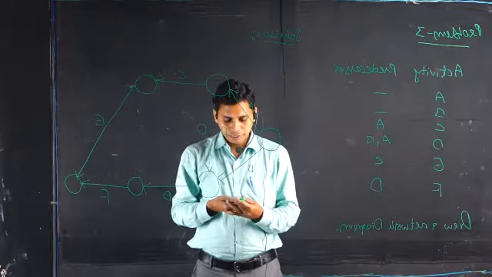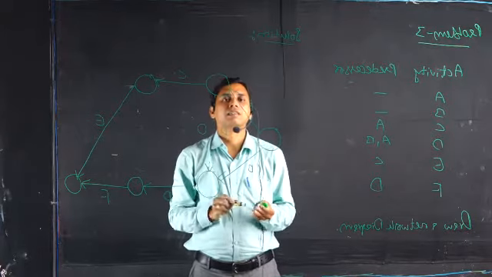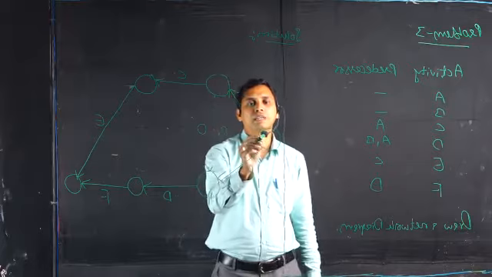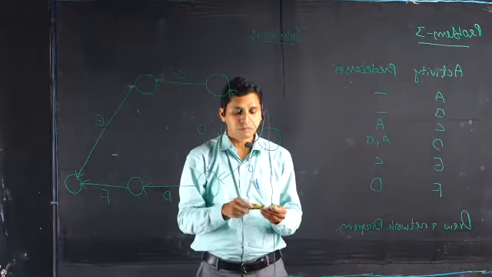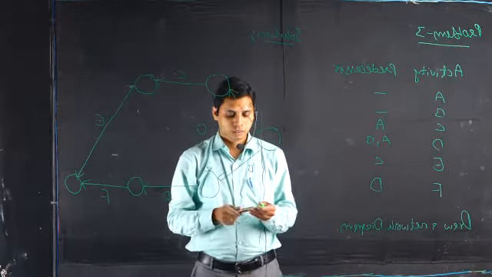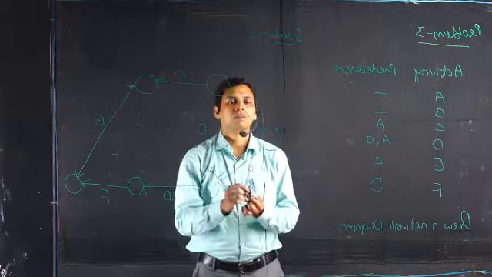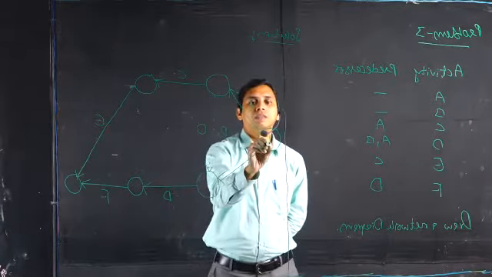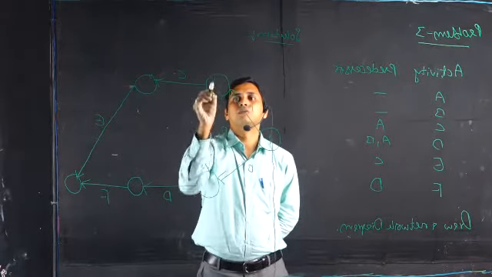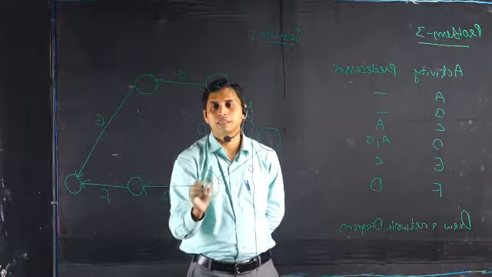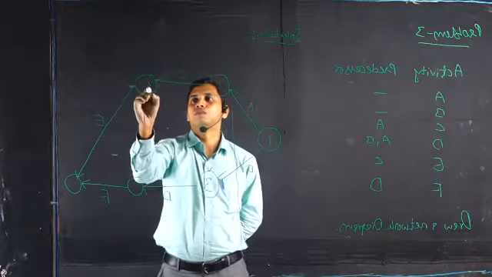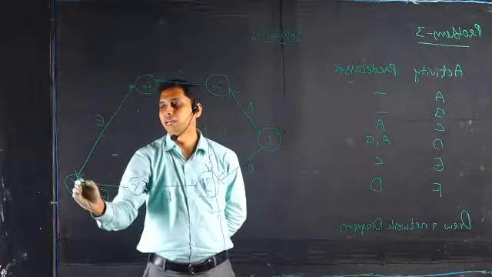While giving the numbering, we need to start with either 1 or 0. Now let's start with 1: 1, 2, 3, 4, 5 and 6.